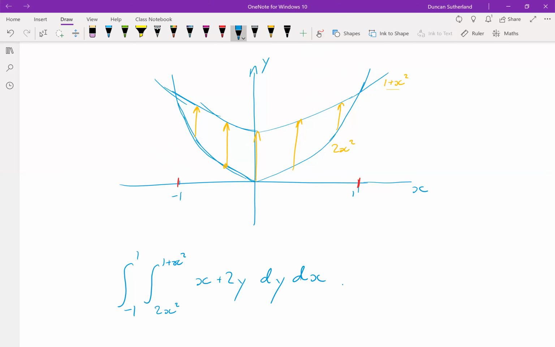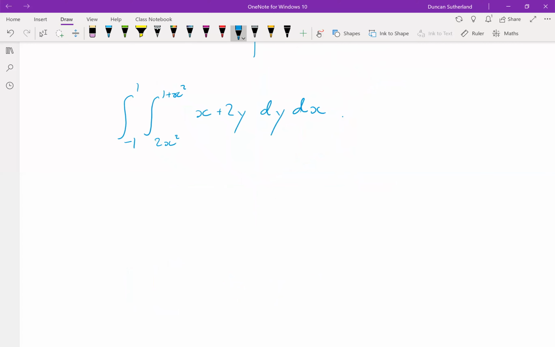So let's just belt through this. This is a very simple integral to do because it's just a polynomial integrand. The limits are polynomials, so the x integral is going to get quite complicated because we've got all those squareds floating around, but it's still a polynomial, so it's really not that bad. Integrate with respect to y.